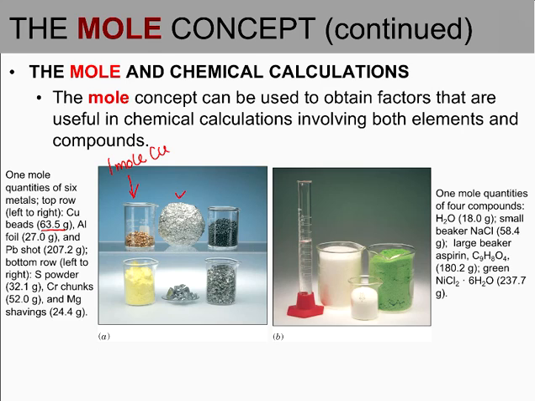And then in the middle here, we have a ball of aluminum foil, and we actually have 1 mole of aluminum there. So that will weigh 27 grams. And if we look on the periodic table, the mass of 1 mole of aluminum is 27 grams.